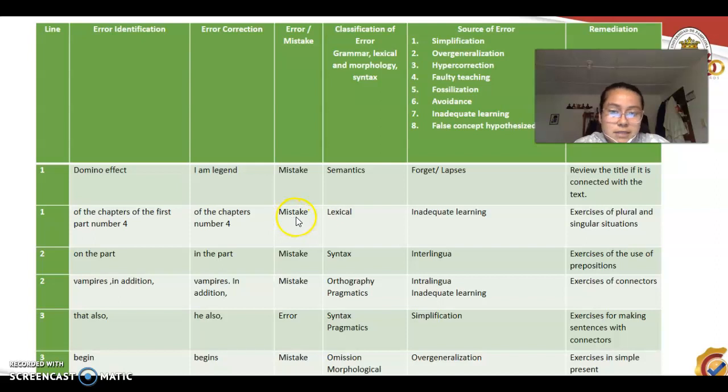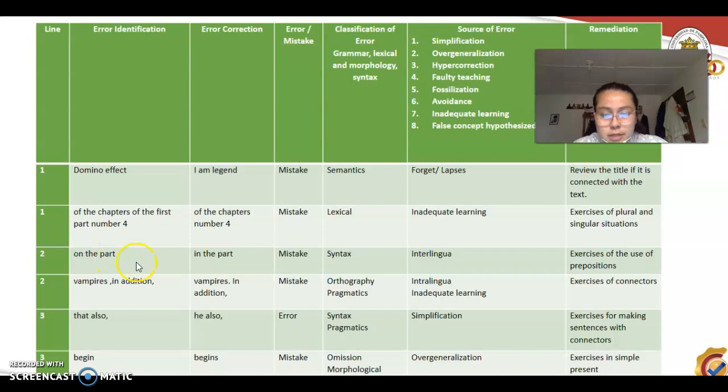So it can be a lexical mistake, because lexical involves inappropriate direct translation from the learner's native language. So maybe he was a little confused. In the remediation, exercises of plural and singular situations.